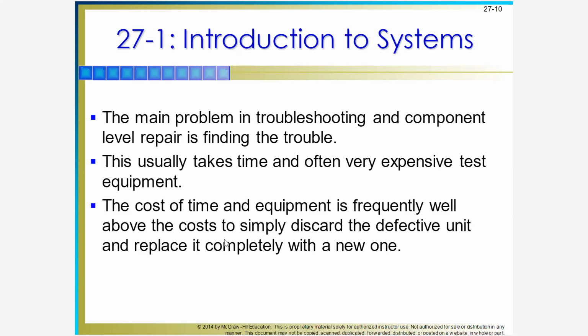Okay, the cost of time and equipment is frequently well above the cost to simply discard the defective unit and replace it completely with a new one. Instead of finding one resistor or one component in circuits, it is better to discard the defective unit and replace it with a new one. It means replacing the module with another module as a group of circuits.